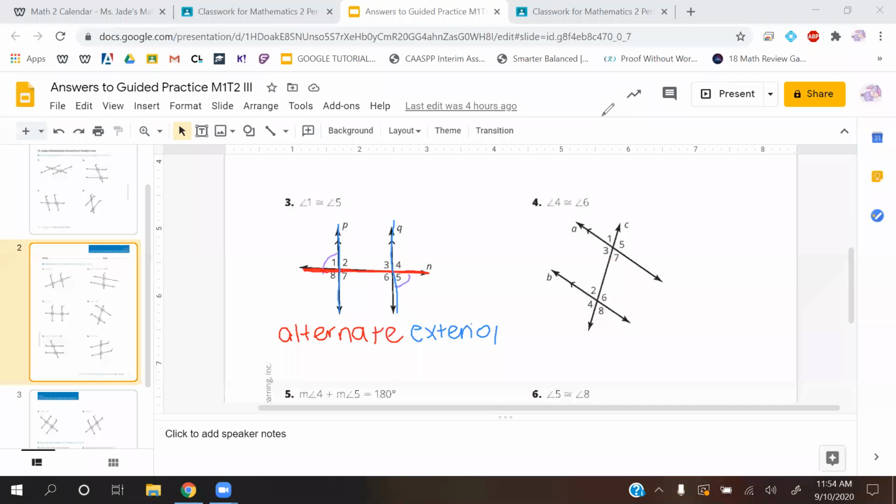And then you end up with angle theorem, because that's what these theorems are called. They're the alternate exterior, alternate interior, all of that. They all end with angle theorem. Okay, any questions on that one?